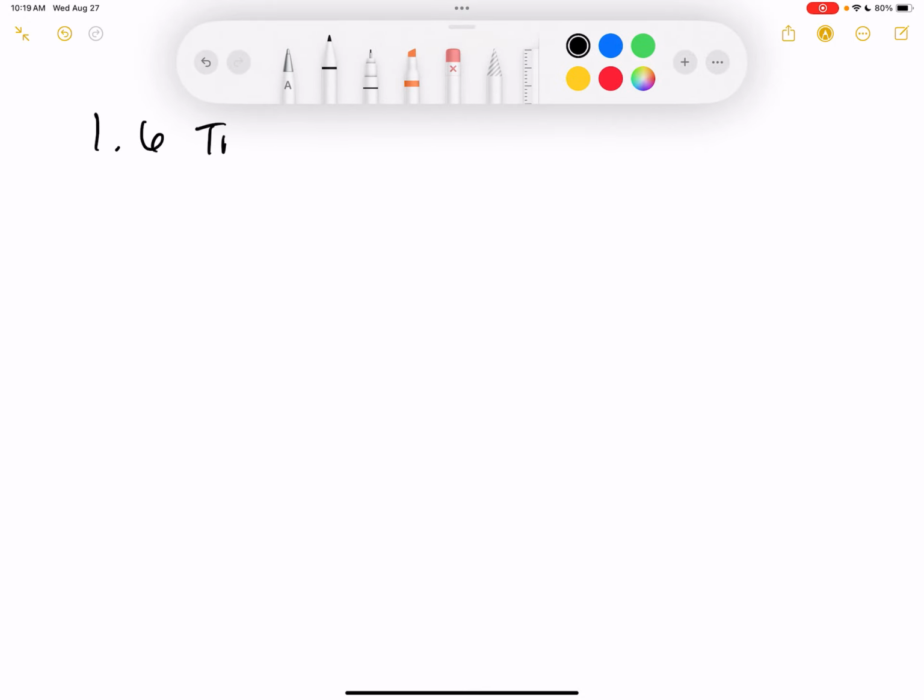So 1.6 trig functions. The other thing with the trig stuff is we aren't going to redo the unit circle at some point.